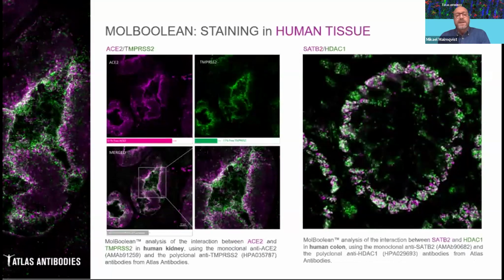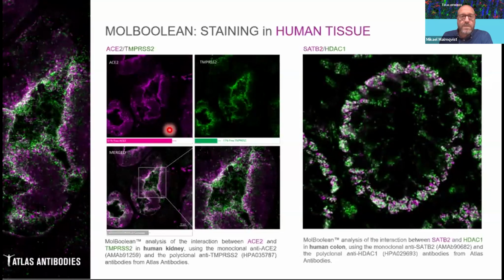MolBoolean is also validated in FFPE tissue. Here to the left, let me get my pointer going, maybe it's better. To the left, we have analyzed the interaction between the ACE2 receptor and the serine protease TMPRSS2 in human kidney. These two proteins were heavily researched during the COVID-19 pandemic because we know that the ACE2 receptor is the protein that the SARS-CoV-2 virus binds to, and TMPRSS2 is the protease that cleaves the viral capsid proteins to enable internalization into human cells.